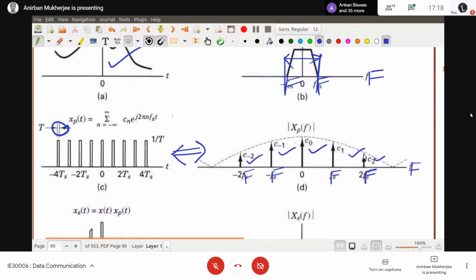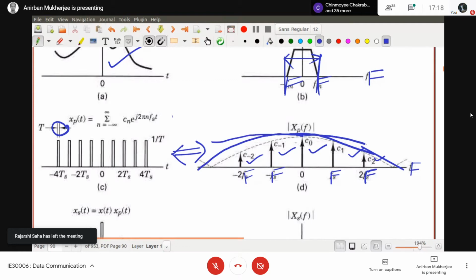This envelope will first be like this, then finally it will be flat. And flat means c_0 equals c_1 equals c_2 equals c_minus 1 equals c_minus 2, like this. That means it's a pulse train kind of thing.